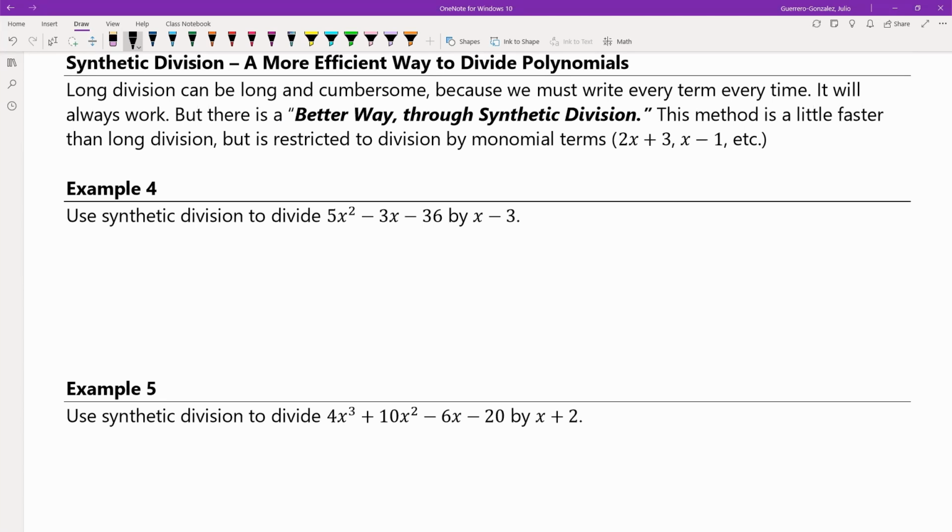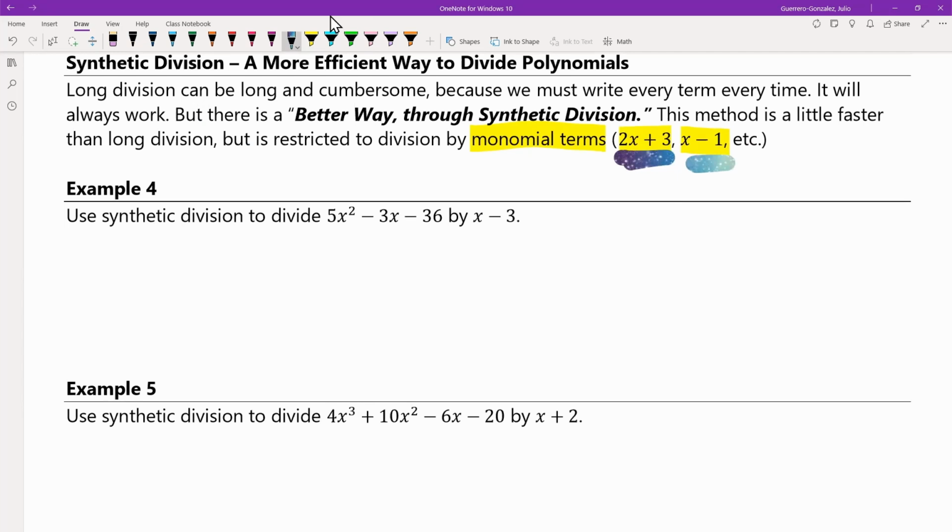Okay. So synthetic division is the quicker method. It tends to be much faster. However, it is restricted to monomial terms. So basically something like this: 2x minus 3, x minus or plus 3, x minus 1. So you have to have them like this in particular.